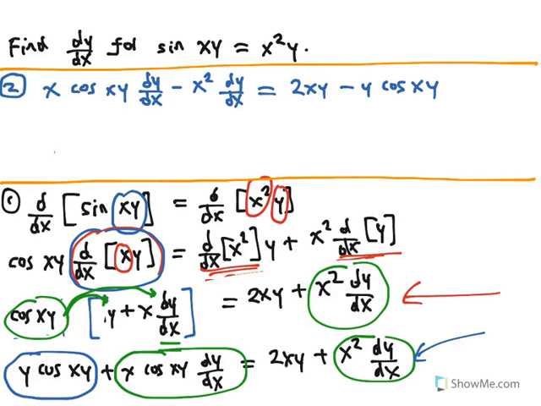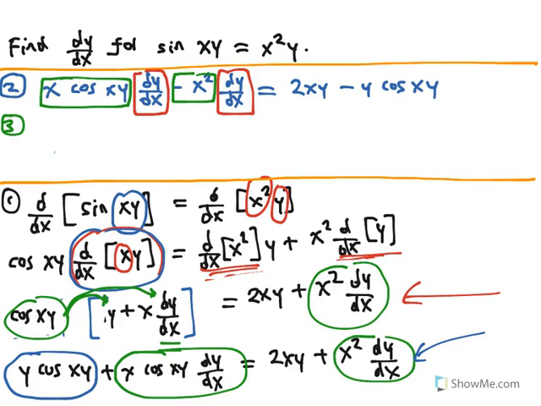Step 3 is for us to factor out dy dx from each term on the left side of the equation, and I will show that in green. So when I factor out dy dx from the first term, I'll be left with x times cosine xy. When I factor out dy dx from the second term, I'll be left with minus x squared.